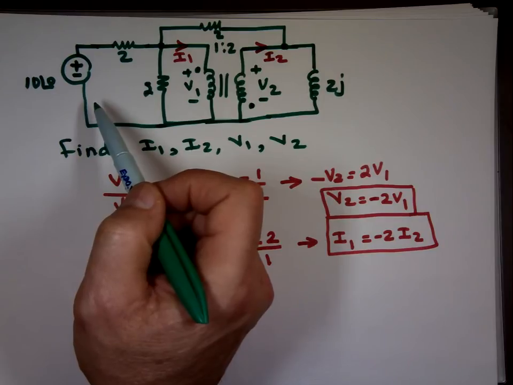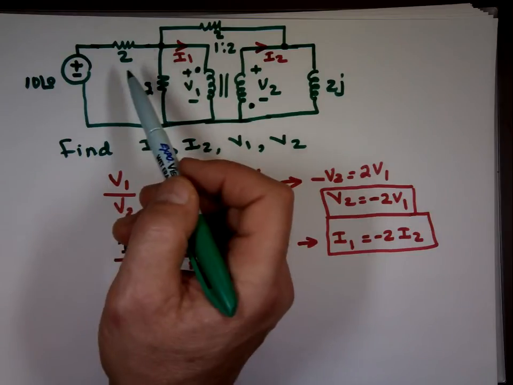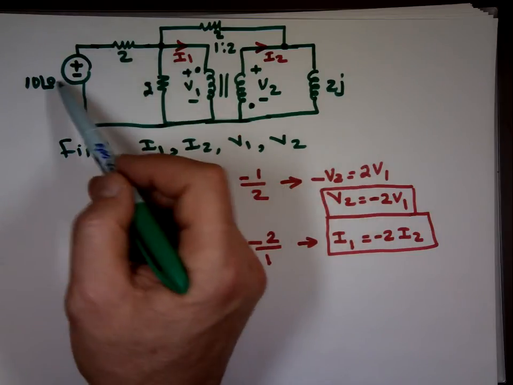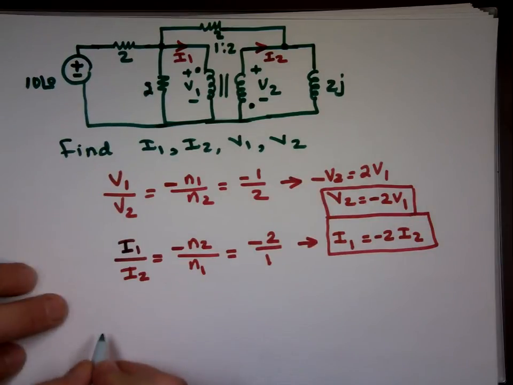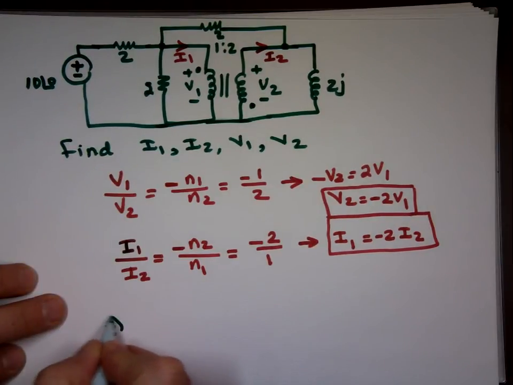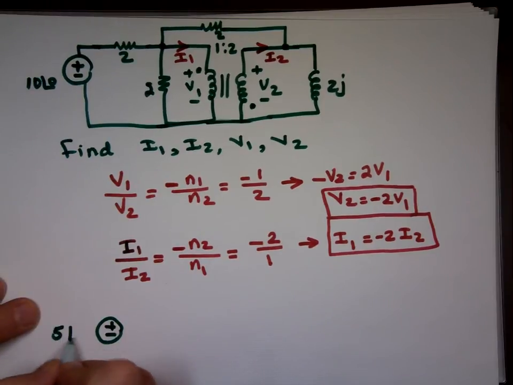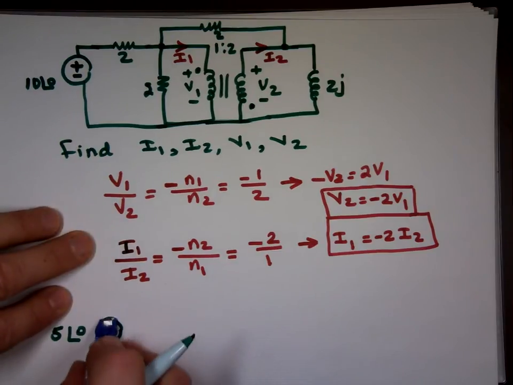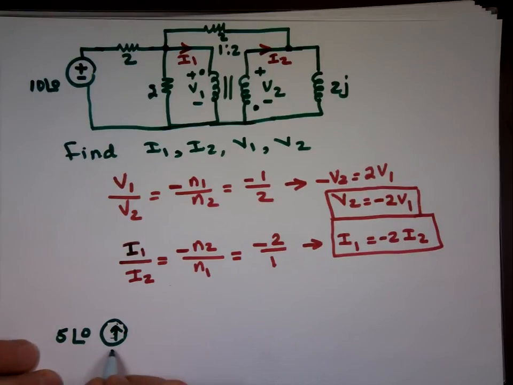Notice if I look at the circuit right there, I can actually do a source transformation right here, and that will give me a voltage source of what? 10 divided by 2, 5. Oh, not a voltage, current source. It's going to give me 2.